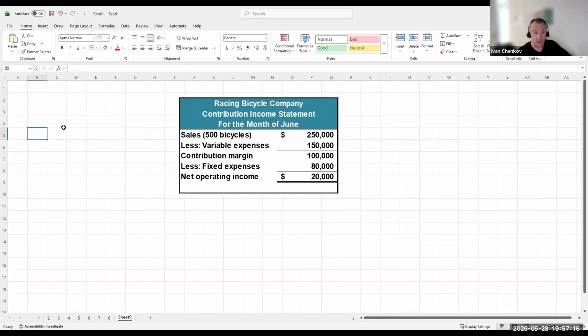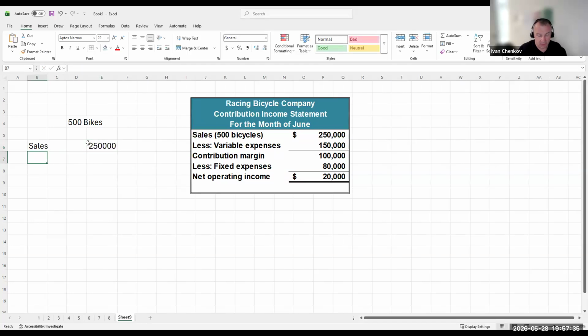This company is selling 500 bikes. And once they're selling 500 bikes, their total sales are equal to 250,000. Their variable cost is equal to 150,000. The contribution margin for this company is 100,000, or 250 minus the 150.